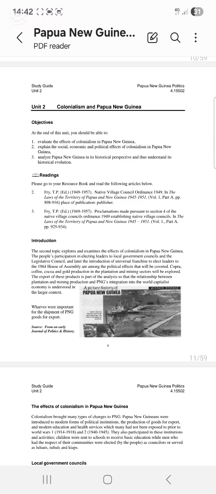So, the effects of colonialism. Colonialism brought with it the idea of political institutions. Because of colonialism, we now know that we need to vote for a member of parliament. We need to go for an election. All right, that is an example effect of political institutions.